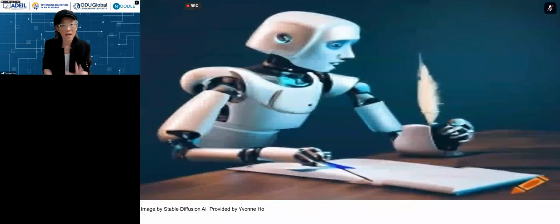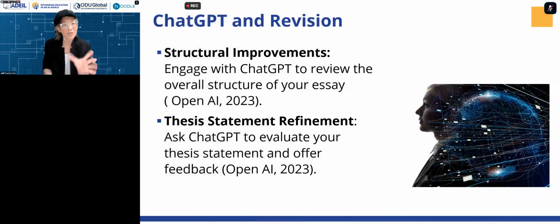You can also ask ChatGPT for a formal tone or writing from a particular point of view, like a historical point of view. For structural improvements, you can engage with ChatGPT to review the overall structure of your essay to make sure that your paper has one central idea. You can ask ChatGPT to evaluate your thesis statement and offer feedback.